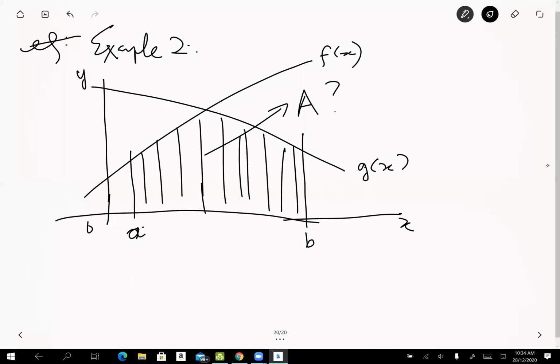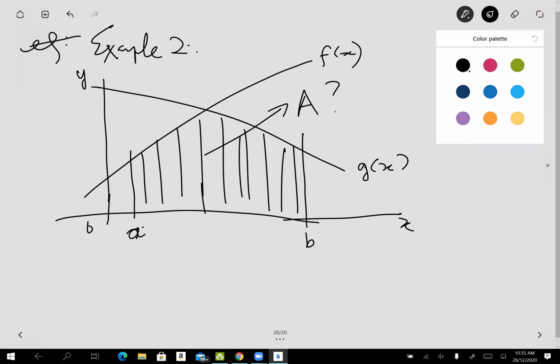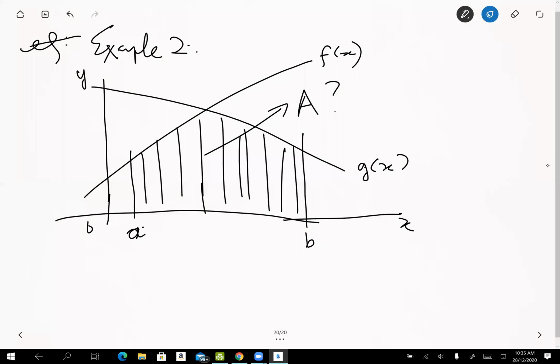What is the area A? How do you find the area A? You look at this diagram. How can you find area A? Area A, as you can see, is a portion of that area, and one part of the area is under f of x, from a to some point.